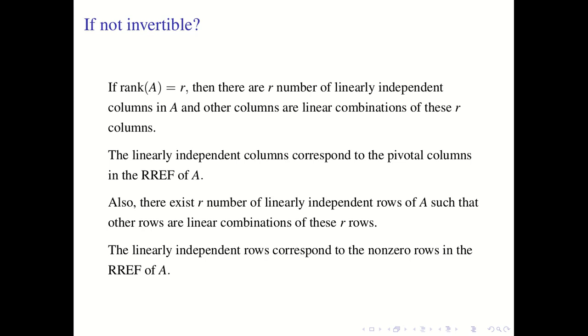So mark all these pivotal columns. Now we have shown that in the row reduced echelon form, the pivotal columns are nothing but the standard basis vectors, and the others are linear combinations of these pivotal columns.